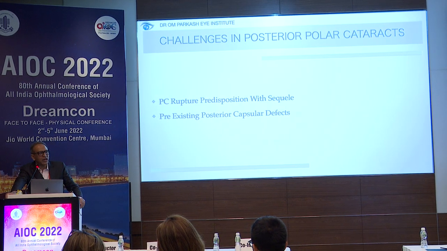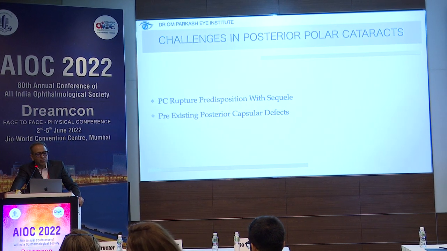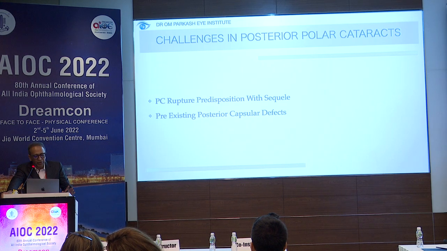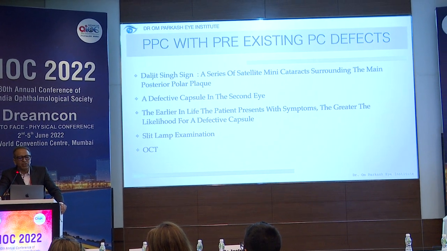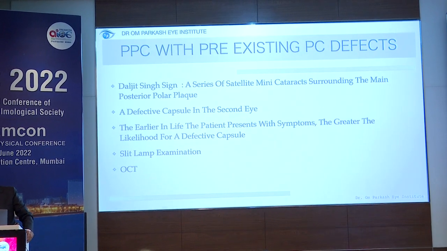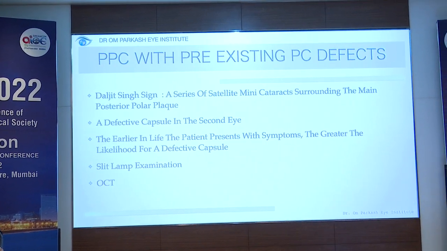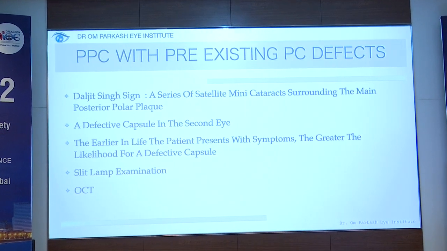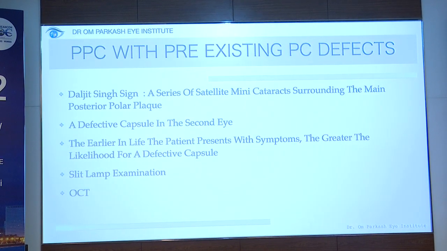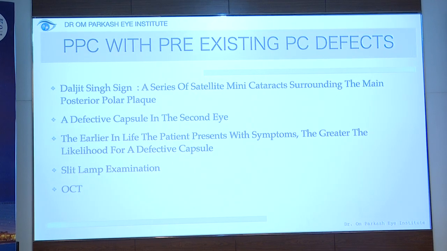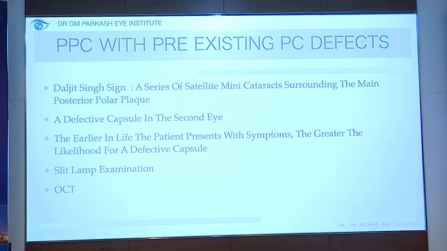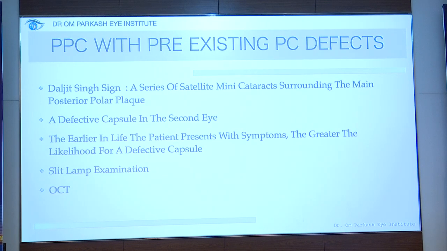And there are situations wherein the posterior capsular defects are pre-existing in nature. So in PPC with pre-existing PC defects, the Daljit Singh sign is there. A defective capsule in the PC in the second eye is indicative that it can be a pre-existing defect. The earlier in life the patient presents with symptoms, the greater the likelihood of a defective capsule.